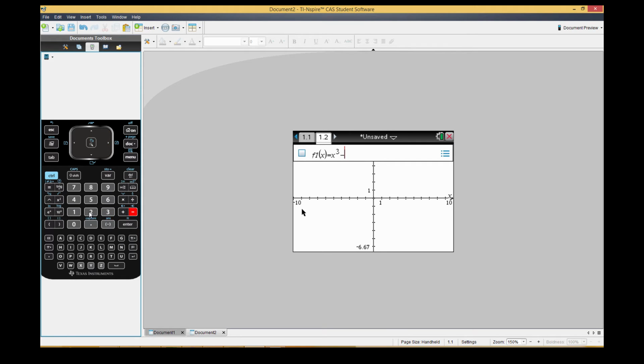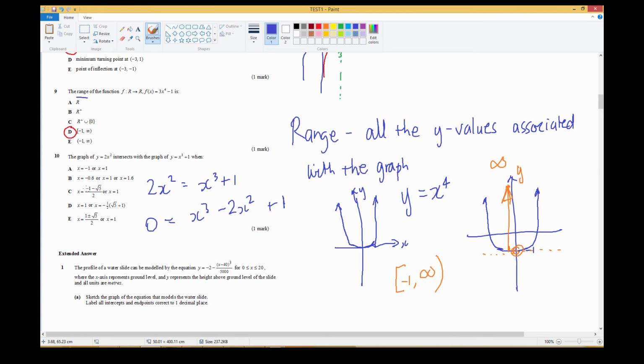Then we draw the graph, and we want to find the intercepts, because the intercepts will give us the solutions. You can see here there are going to be 3 solutions. We look back at the responses. The only responses that have 3 solutions are response B or response E.